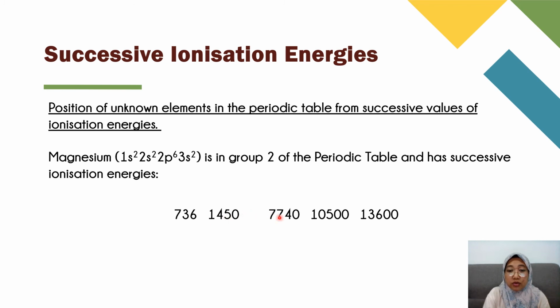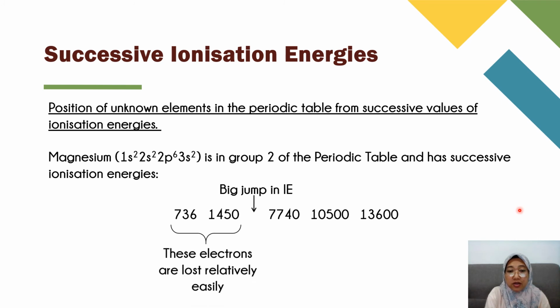But from second to third, from 1450 to 7740, the difference is around 6000, which means there is a huge difference from second to third ionization energy. From third to fourth, it is around 3000. Here pun sama, around 3000. So they have a big jump in ionization.